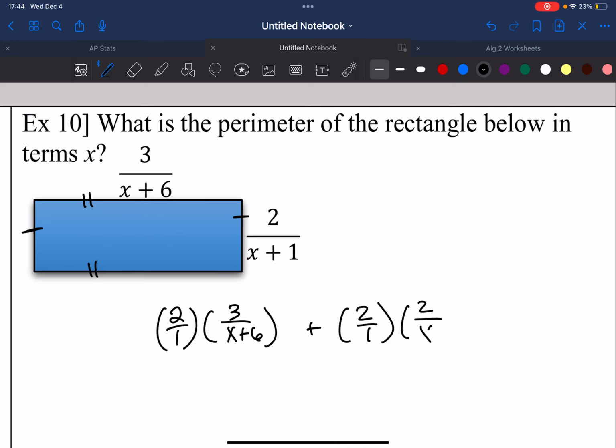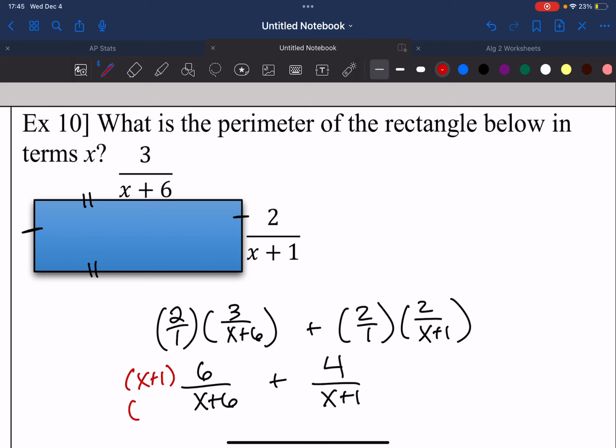times 2 over x plus 1, which means we have 6 over x plus 6 plus 4 over x plus 1. Well, now we need to get a common denominator, so I'm going to multiply this one by x plus 1 and this one by x plus 6.